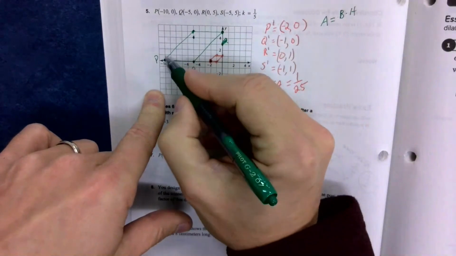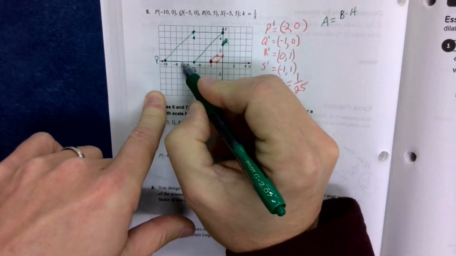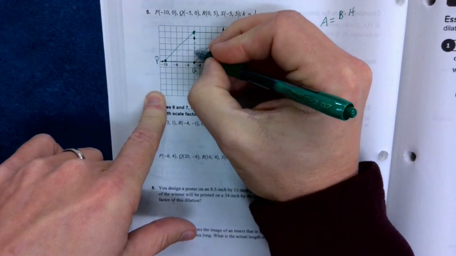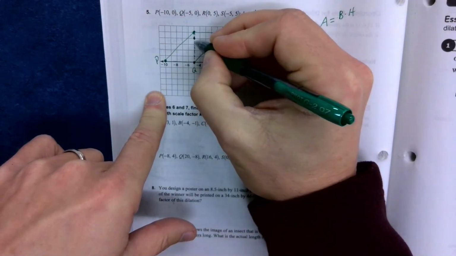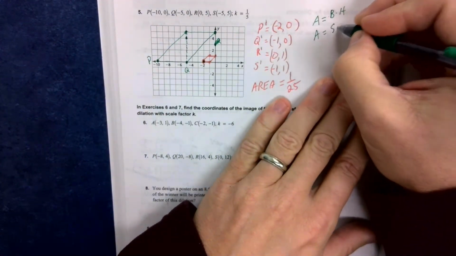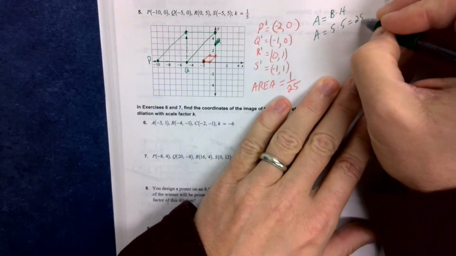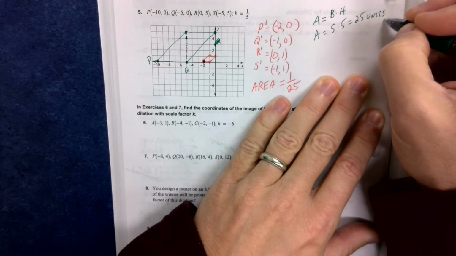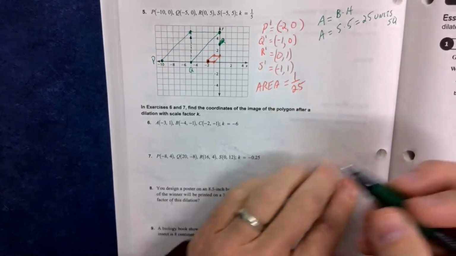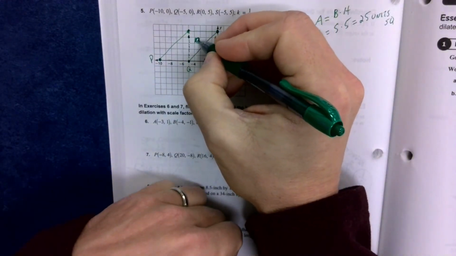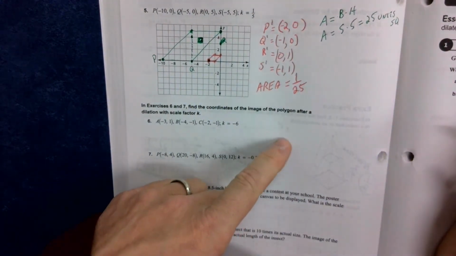So base on this first one, 1, 2, 3, 4, 5, and its height is that distance right there, 1, 2, 3, 4, 5. So area of the big one is 5 times 5, or 25 units squared, 25 square units, basically 25 of these boxes would fit inside there. Good deal.